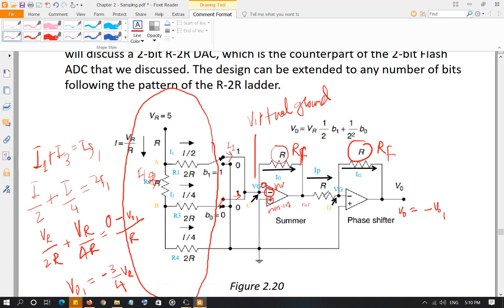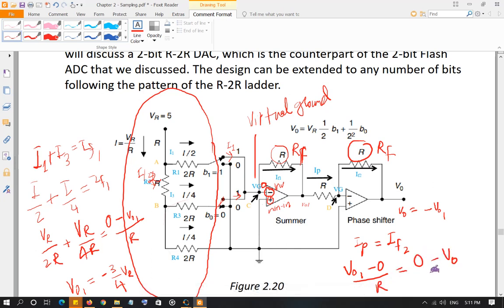And what is the function of phase shifter? Basically you do the same thing, analysis at node D, you apply KCL. So this current IP is equal to IF2 because no current goes in the operational amplifier. What is IP? IP is Vout1 minus 0 over R. And what is IF2?